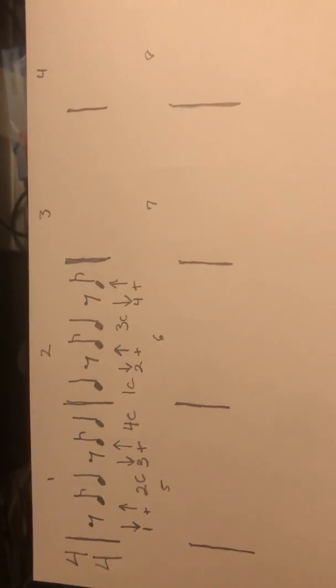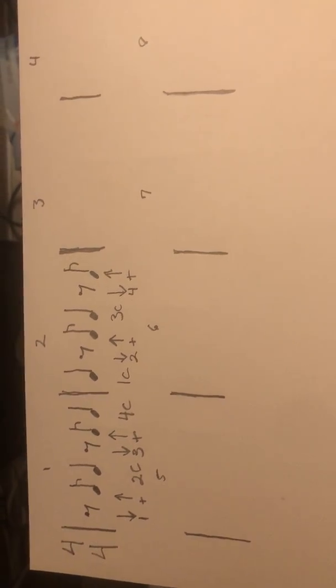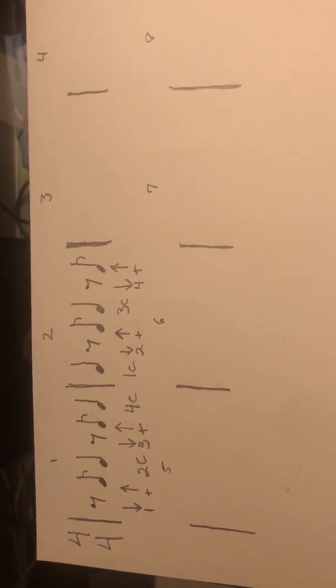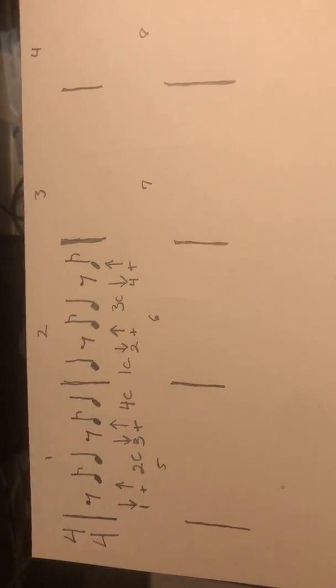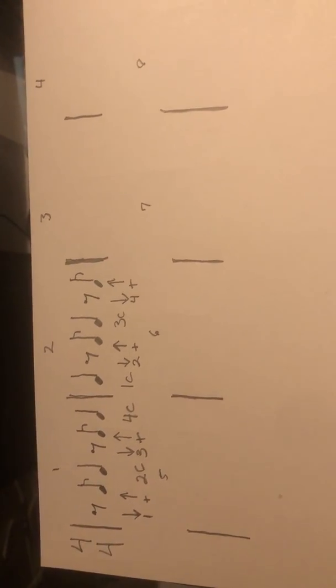You don't have to rewrite the 5 lines of 4 spaces in the staff. Just write out the measures and just the rhythm, the note values. And do the analysis underneath that. You can even number your measures just like I did. See, 1, 2, 3, 4, and so forth.